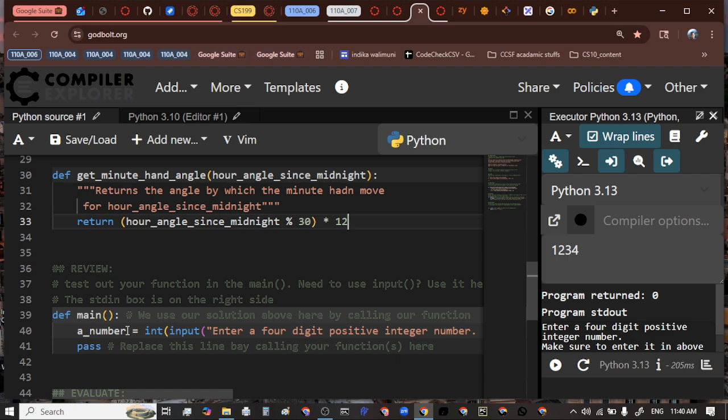I'm going to take a new name for the variable, our angle, and then I'm going to call the function and print it.